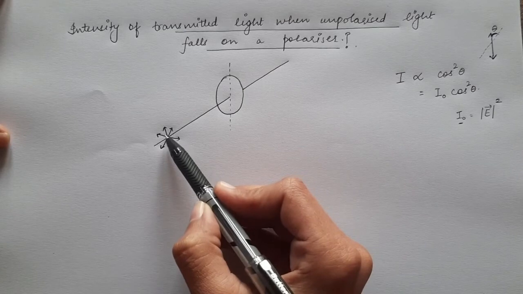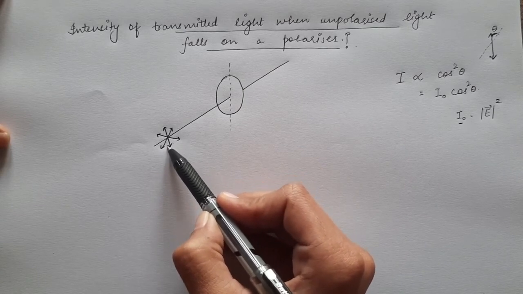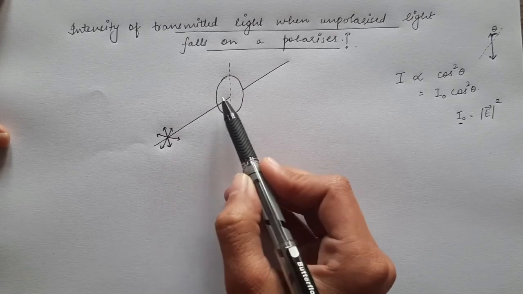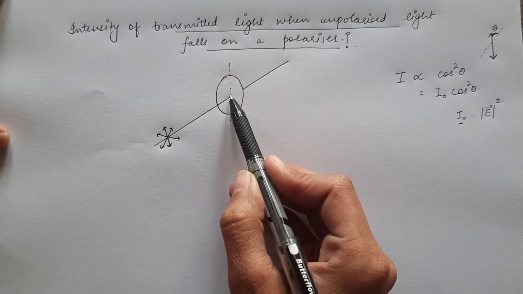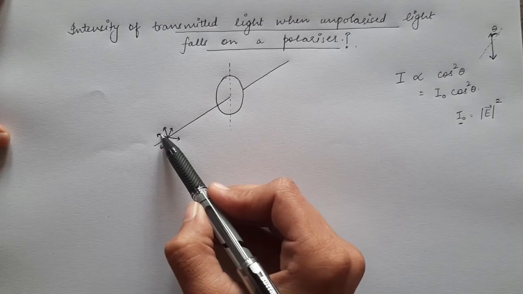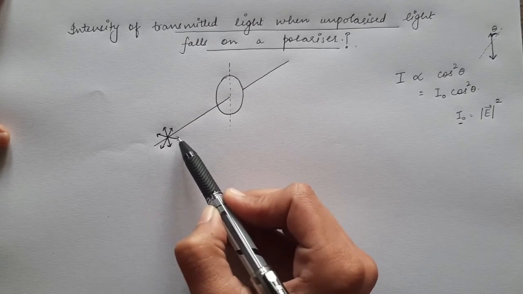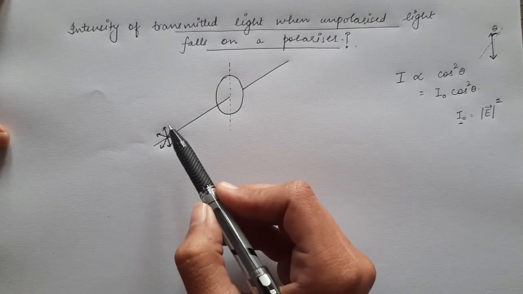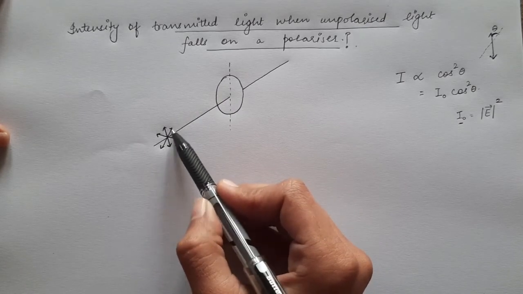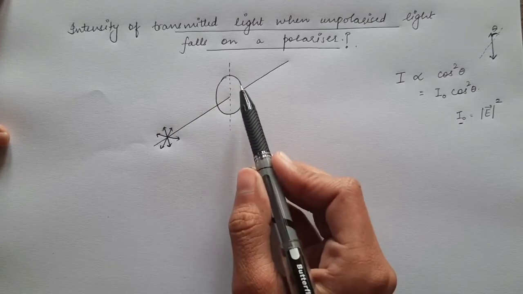If you take into account this vibration of the electric field, it makes a certain angle with the transmission axis. Then if you take this vibration of the electric field in the incident light, this makes another angle with the transmission axis.